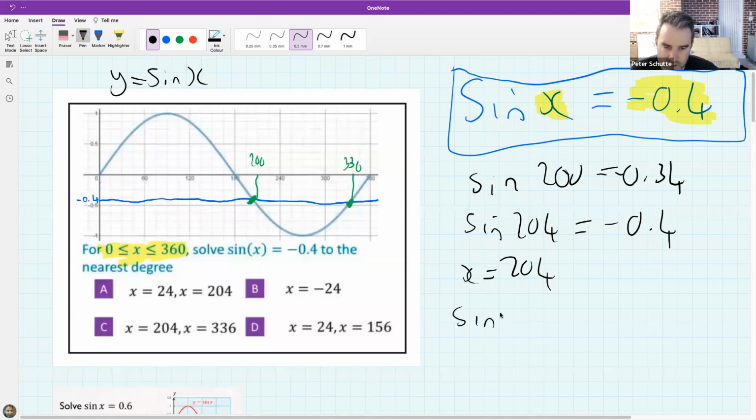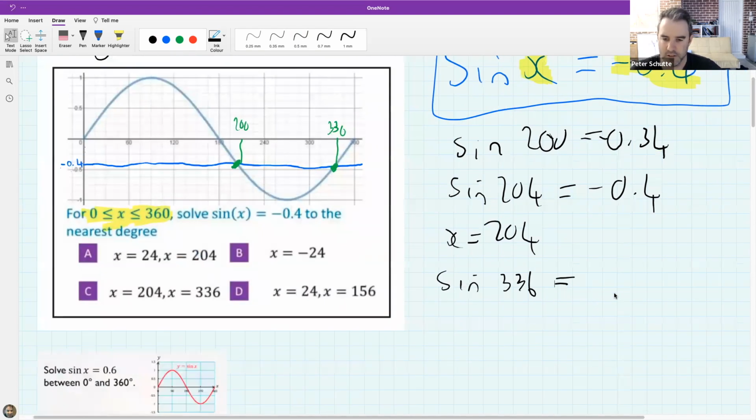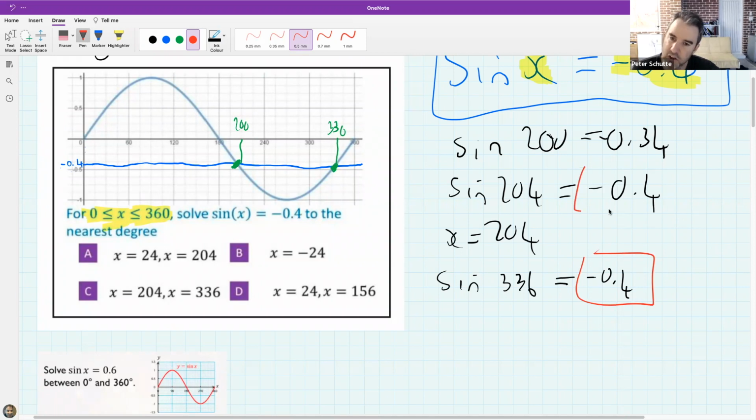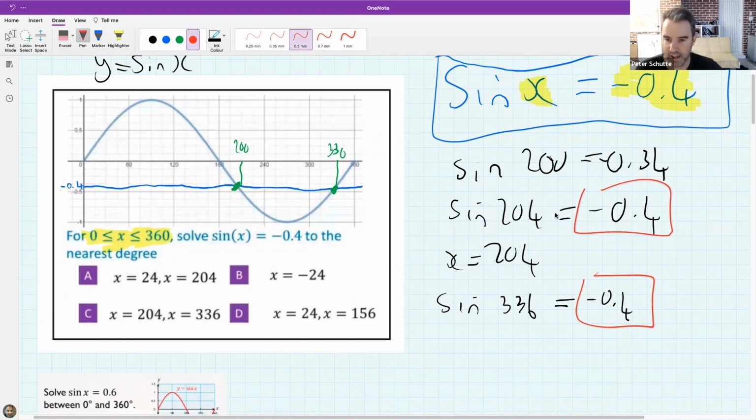Can someone see what you get for the sine of 336? Looking at the chat, again I get minus 0.4. So two of the answers for this trig equation are 204 and 336.